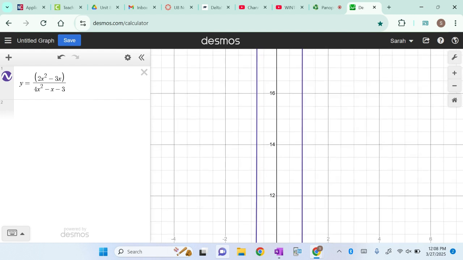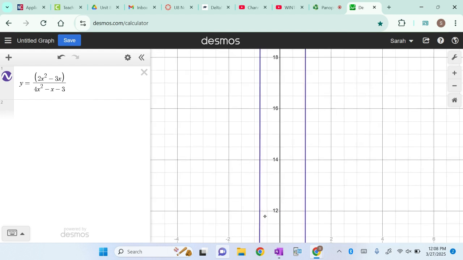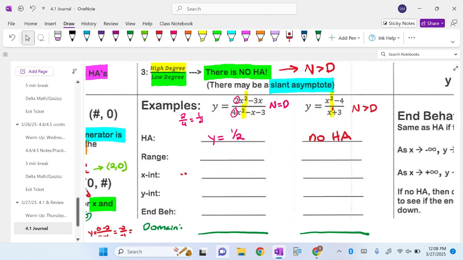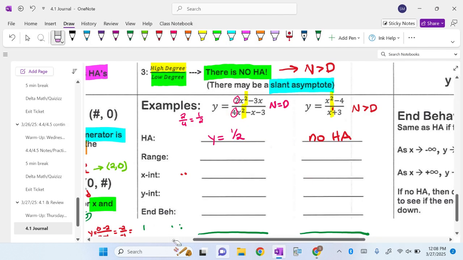So if we get closer, it's about halfway between -1 and -2. So what do you guys think? The vertical asymptote would be where? Okay, you know what? Screw the domain for these. We're not going to do those. It's a little too difficult.